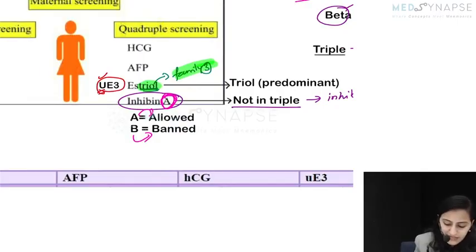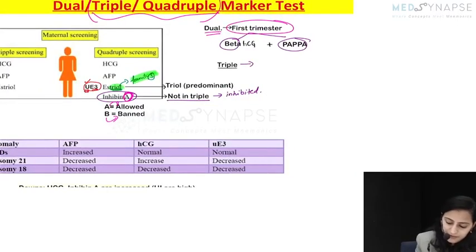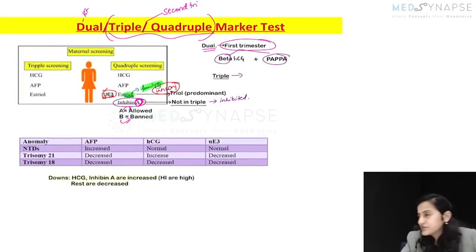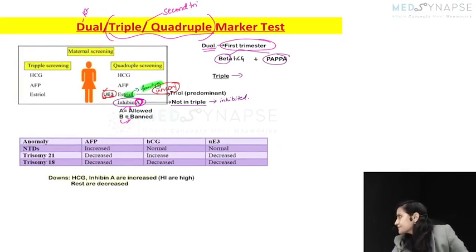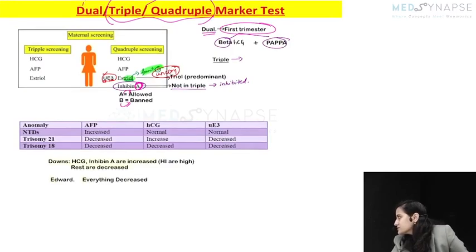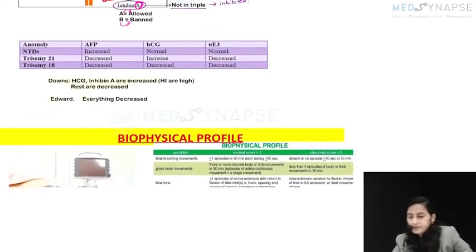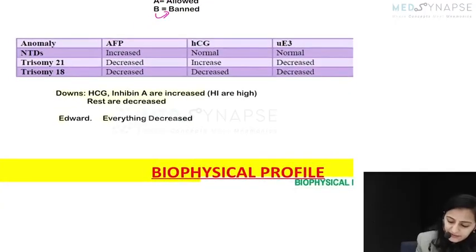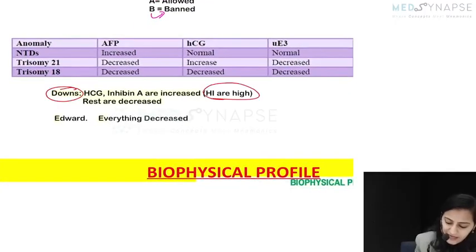UE3, that is unconjugated estriol. What we measure is unconjugated estriol, not conjugated. In Downs, what increases? High is high. In Downs, high is high, HCG and inhibin are high. Rest everything is decreased, including AFP.